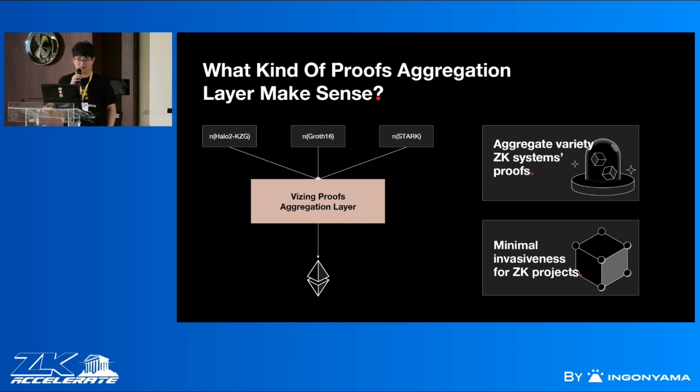If you are a Halo2 KZG developer, it's very easy to aggregate the Halo2 KZG circuits with the Snark verifier. The tool is developed by the Ethereum Foundation, and if we are Groth16 developers, we can also have other tools to aggregate this proof.